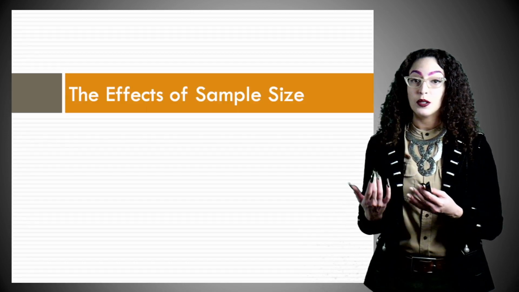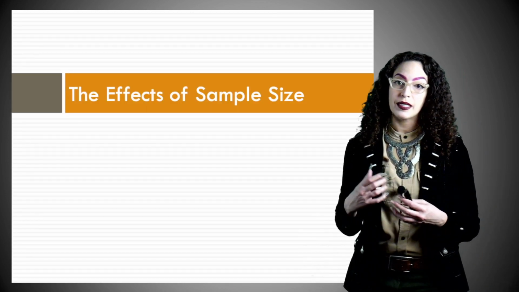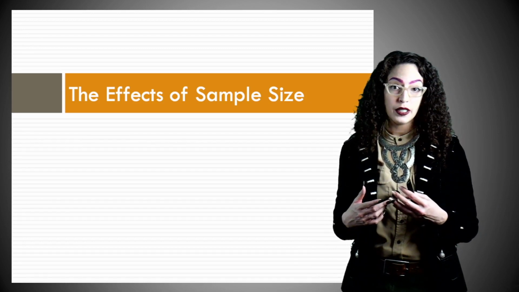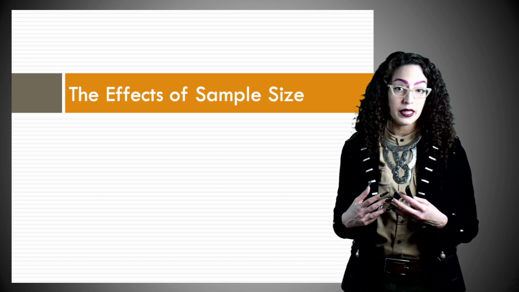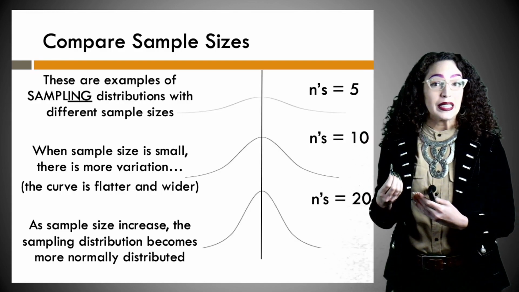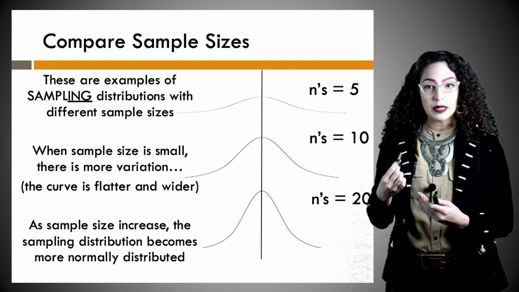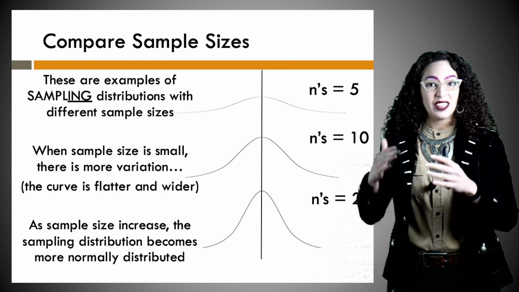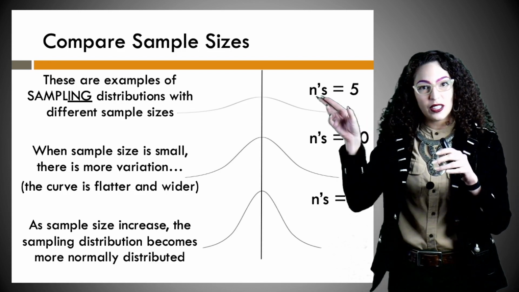Now let's move on to sample size and talk about how sample size can affect different things related to distribution, standard error, and our ability to catch the truth. So these are some examples of sampling distributions with different sample sizes. When sample size is small, there is more variation and the curve is flatter and wider, like up here.